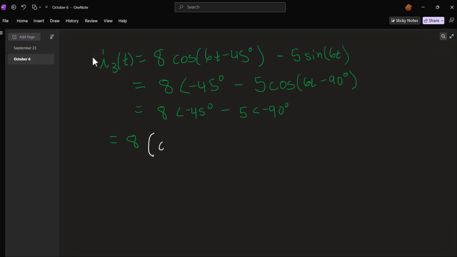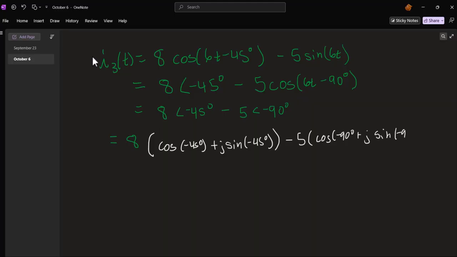8 cosine negative 45 degrees plus j sine negative 45 degrees minus 5 cosine negative 90 degrees plus j sine negative 90 degrees.